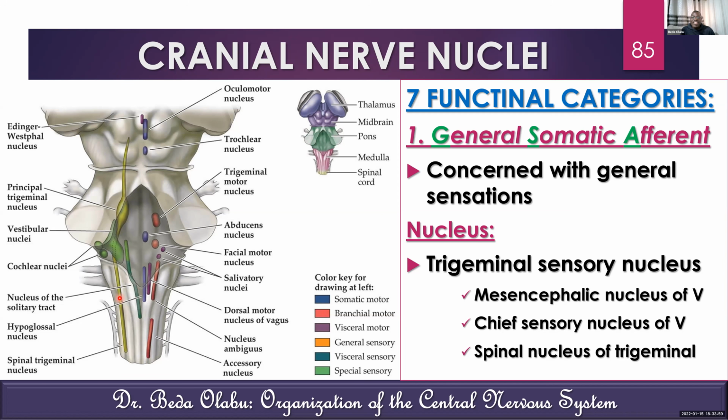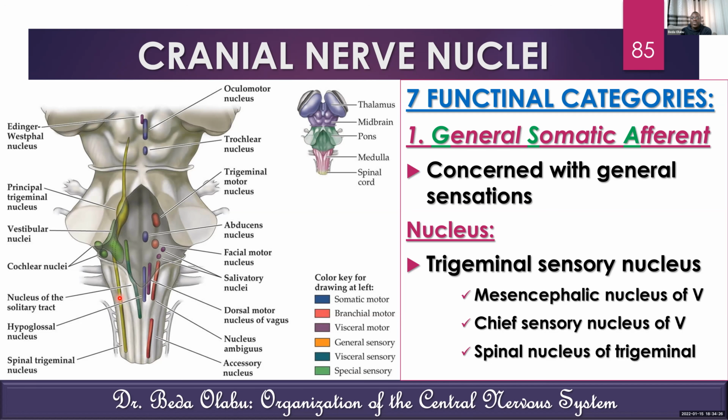Now, something to note, the neurons that synapse here don't have to actually have been carried through the trigeminal nerve itself. Even if these fibers came through the facial nerve, but it's for general sensations from the head region, they'll synapse in the sensory nucleus of trigeminal.